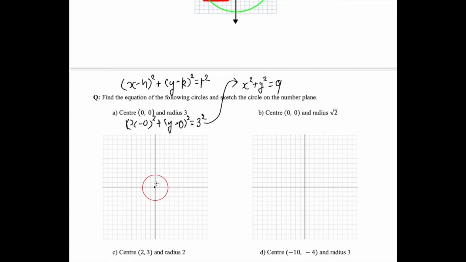So this is a circle where the radius is 3 and the center is at 0, 0. So that's how you draw it. And when you draw it, make sure you label some key points. So this is 3. This y-intercept is also 3. Sorry, this is minus 3. And this is minus 3.